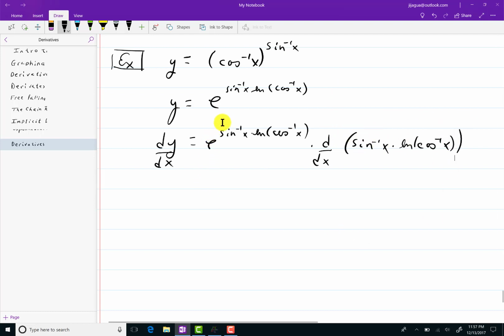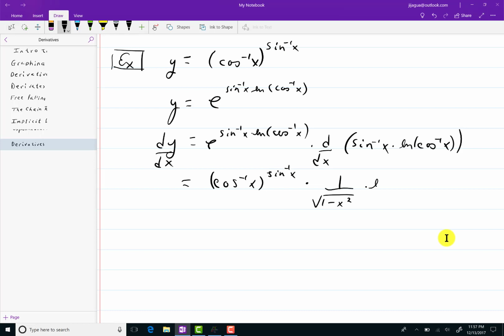This part here, I'm going to rewrite as the original function again, the way the function was originally written. So I have cos inverse of x to the arc sine of x times, now I'll do the product rule. The derivative of inverse sine is 1 over the square root of 1 minus x squared.